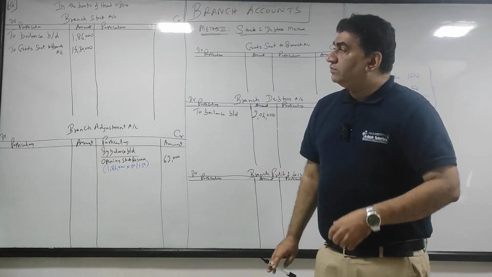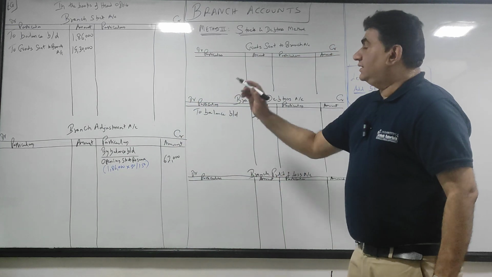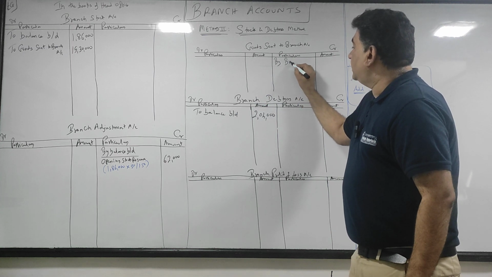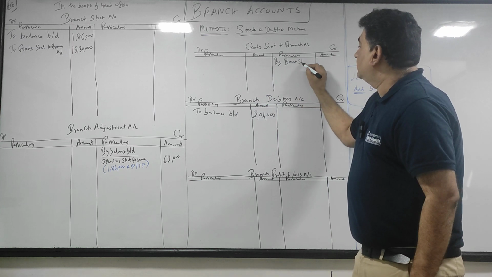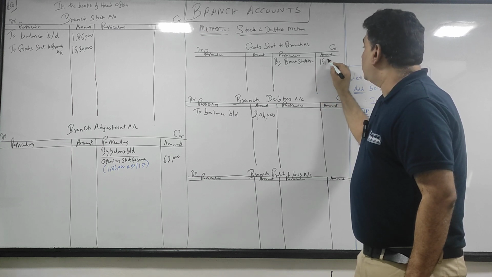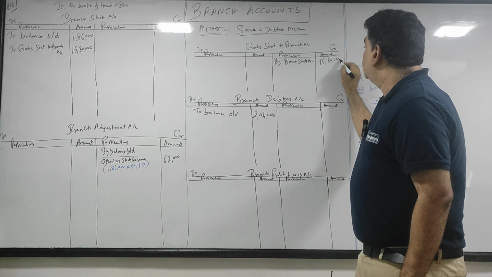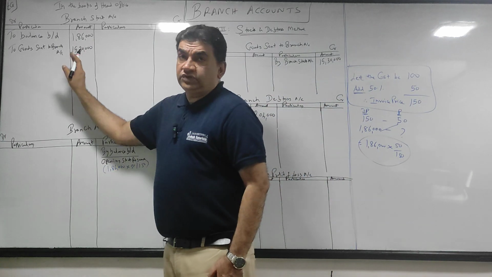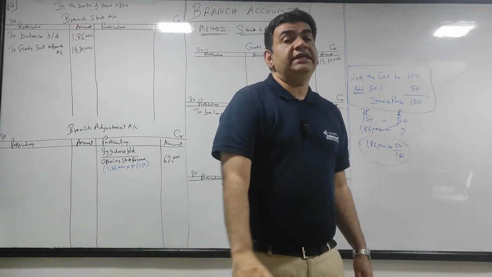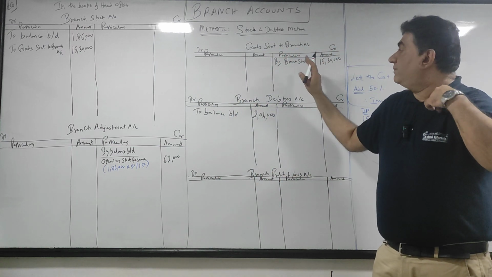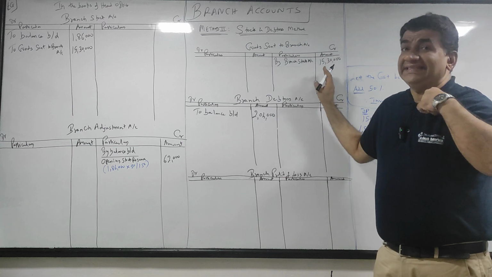To goods sent to branch 1530, and इसका corresponding effect goods sent to branch में by branch stock account, that is 1530.